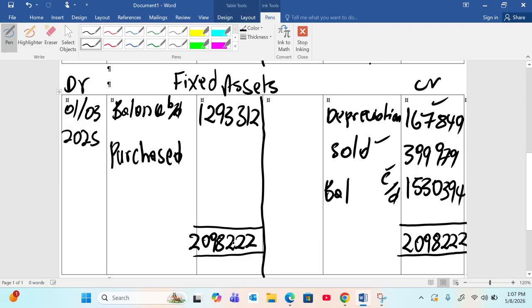And then what we do, guys, we take that 2,098,222 minus the opening balance of 1,293,312. Then you will have your new equipment that you have purchased.